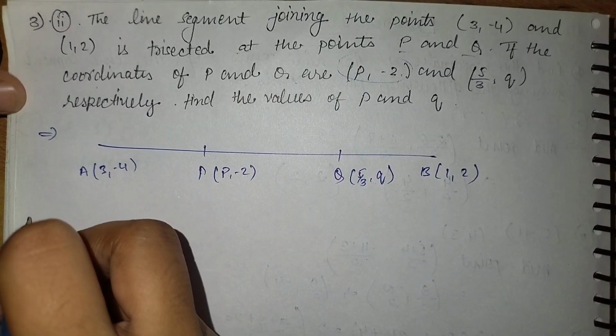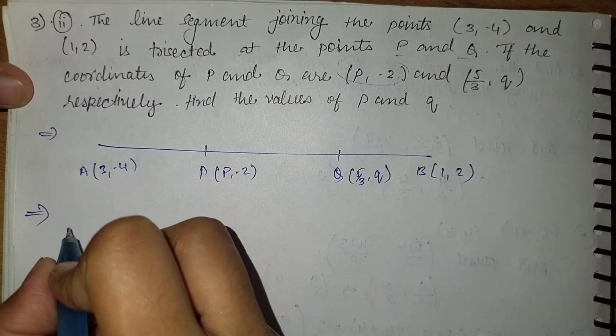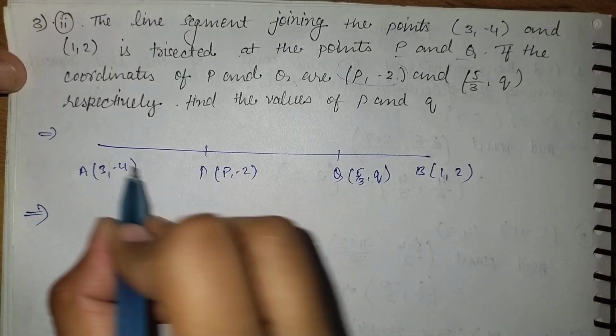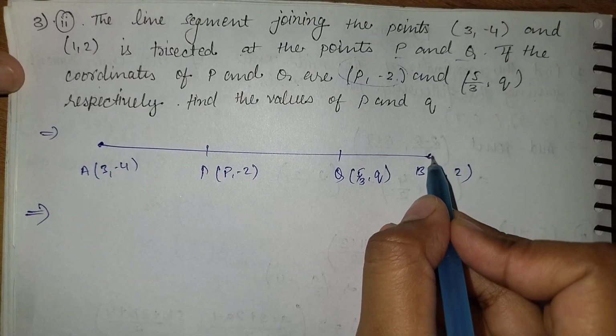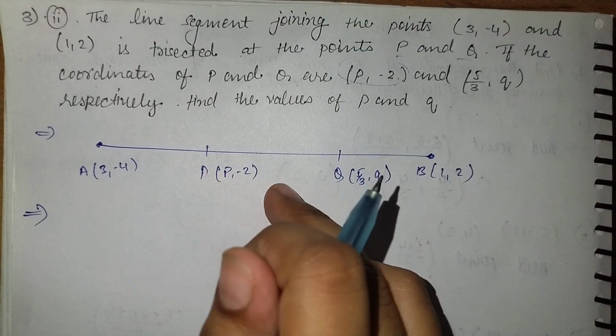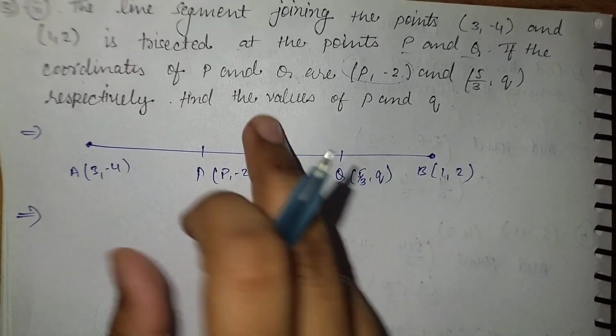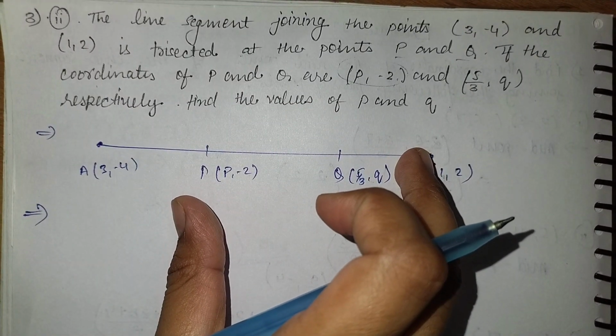If you want to find the values of p and q here, firstly we have to apply the midpoint formula, and first the section formula.